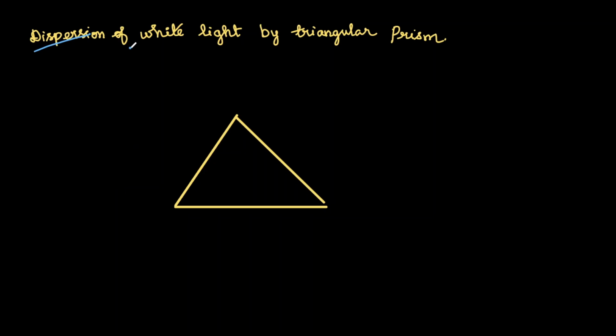We can see the dispersion of white light by a triangular prism. When we shine a white light over the prism, the surfaces A, B and C, it gets refracted.